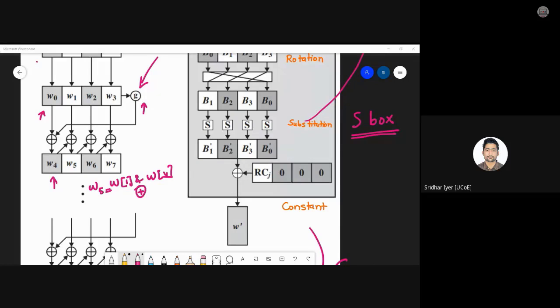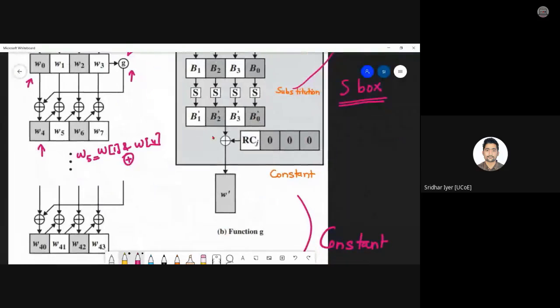Okay, so next what we need to do is we XOR these values with a 4-byte value. As you can see, not 4-bit value, 4 bytes. As you can see, the last 3 bytes over here are already filled with 0. What about this term RCj? That is a constant.